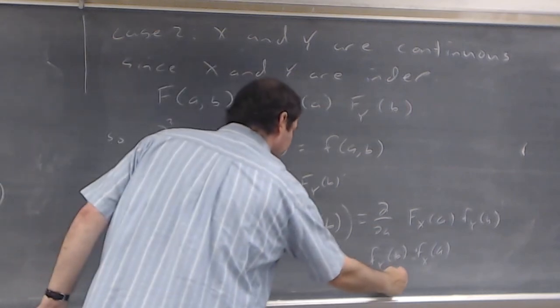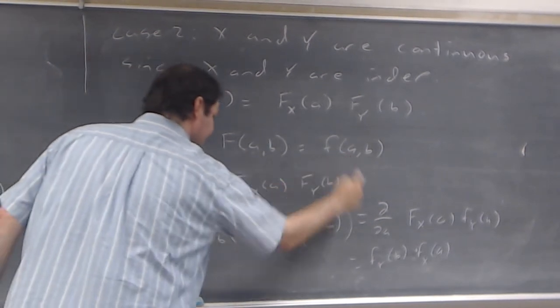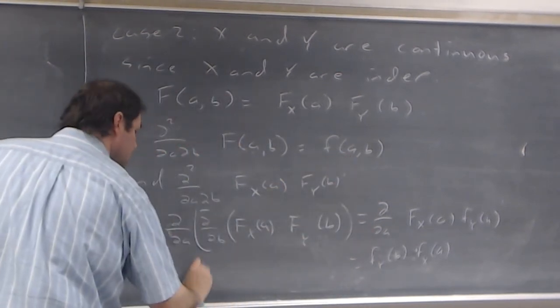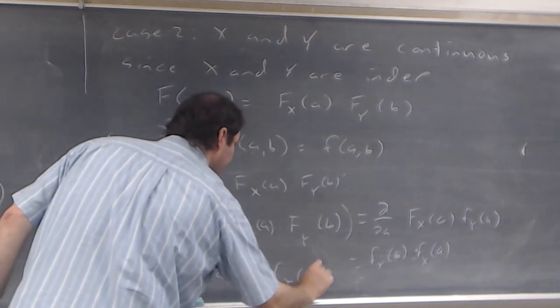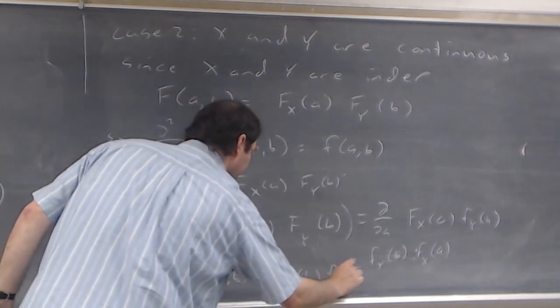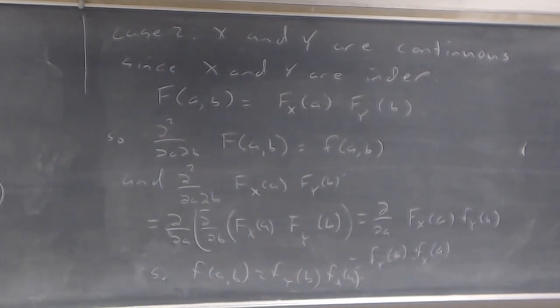And that answer that we got is here. So this guy is equal to this guy, so that means this guy is equal to this guy. And that's what we wanted to show in this case. And now we still have the proof in the opposite direction because of the if and only if.